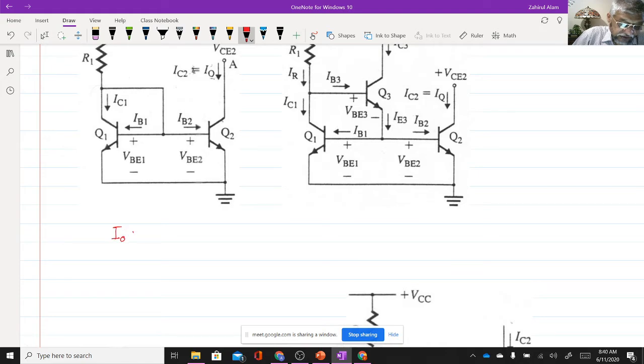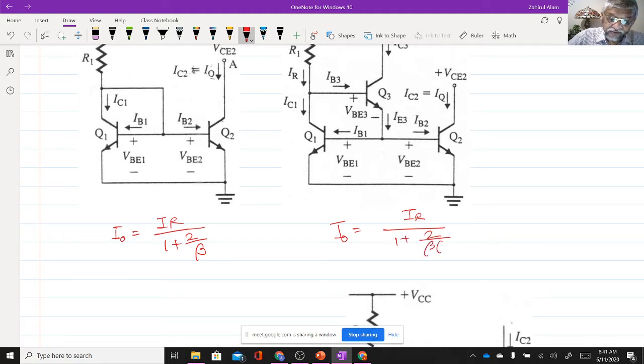So I naught equals IR over 1 plus 2 over beta. In this case we derived I naught over IR equals 1 plus 2 times beta over 1 plus beta.